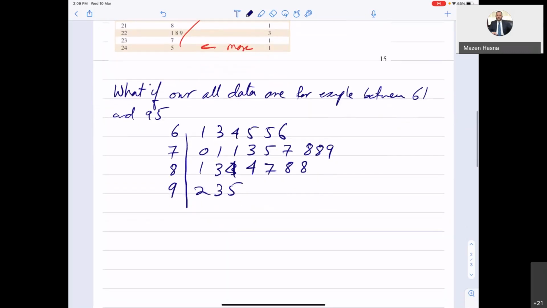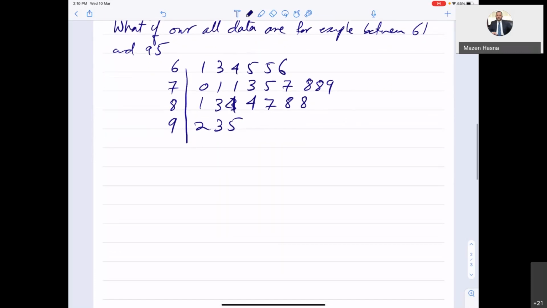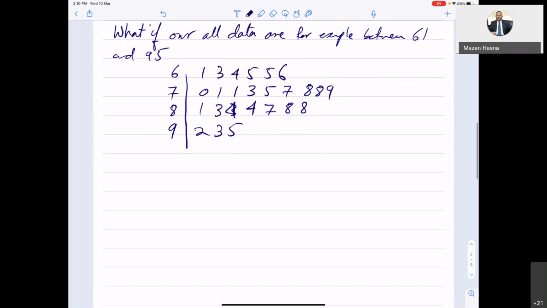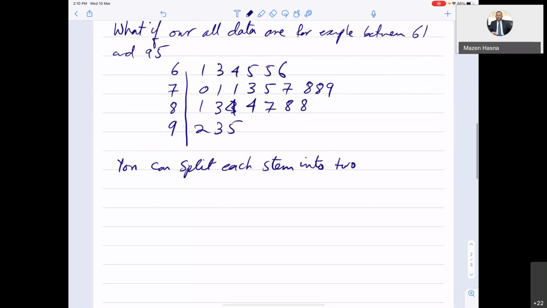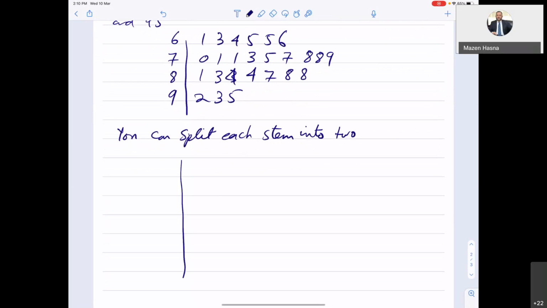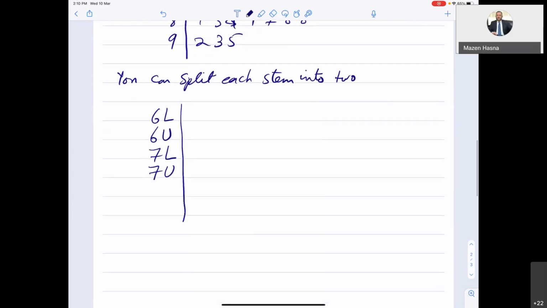If, when you split it into the singular digits and the 10th digit, it gives you something crowded like this, you can split each stem into 2, so that you can have something like this. You can have what we call 6 lower and 6 upper, and then 7 lower and 7 upper, and then 8 lower and 8 upper, and 9 lower.